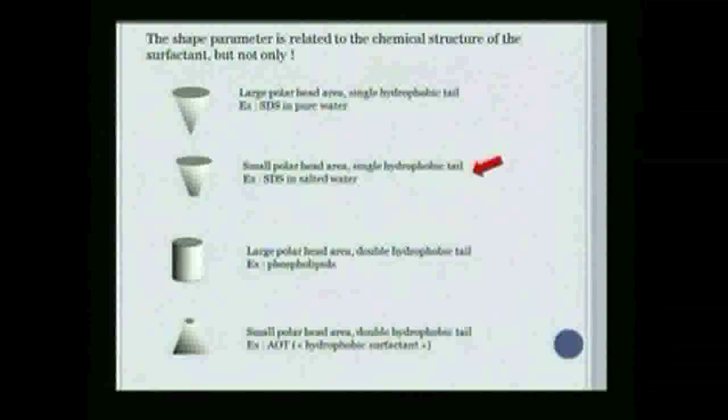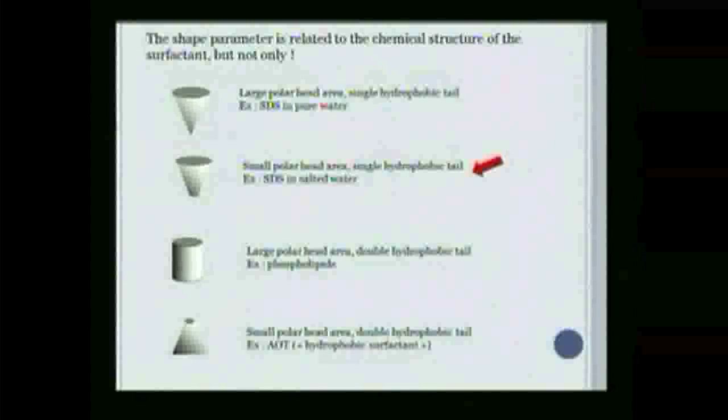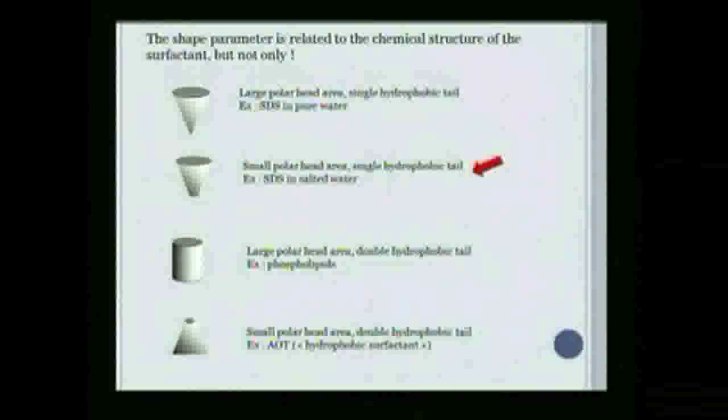And to the contrary, AOT, I don't know if you remember this from the first lecture, I described a very hydrophobic surfactant with two hydrophobic tails which were enormous and taking a lot of place, and I told you this surfactant is used to make inverse structures, inverse micelles. So AOT is typically a surfactant which will follow this kind of shape. This is right. I gave this example here, a hydrophobic surfactant.